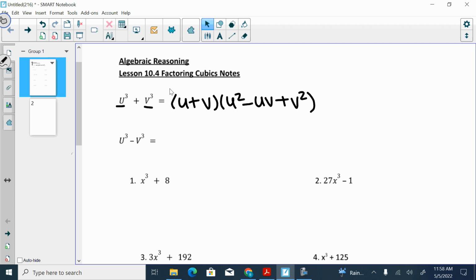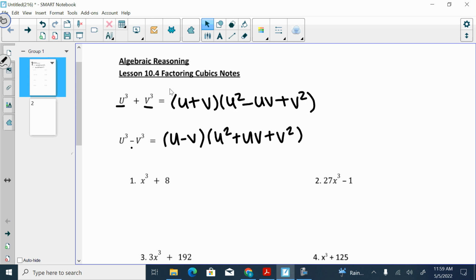If we have a minus in between them, we have a very similar formula. The only difference is the signs. So for this one, our first parenthesis would be u minus v. And then in our second parenthesis, we would have u squared plus uv plus v squared.